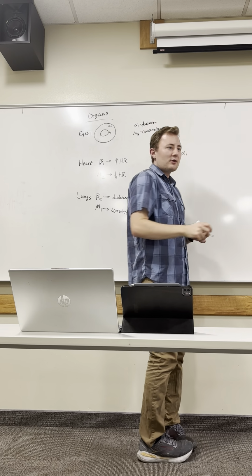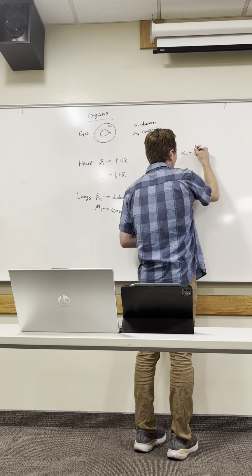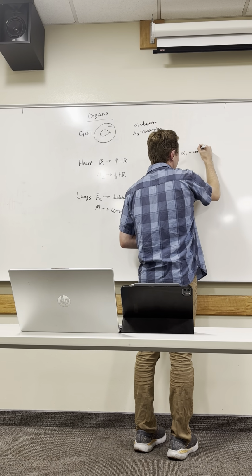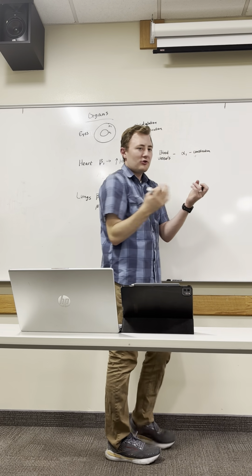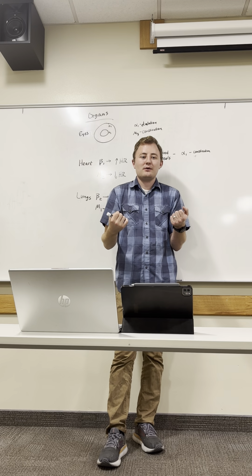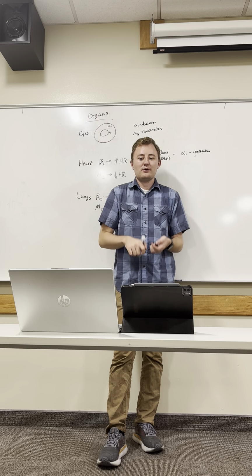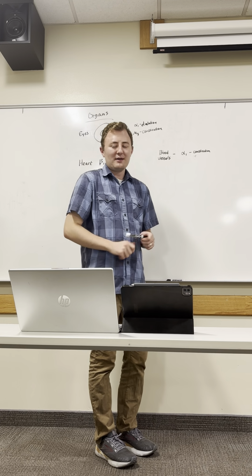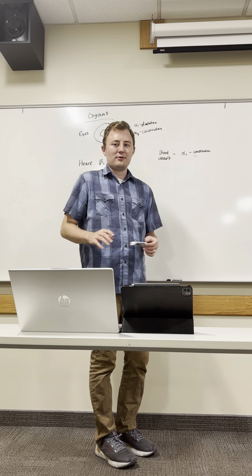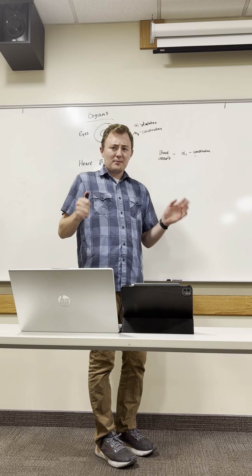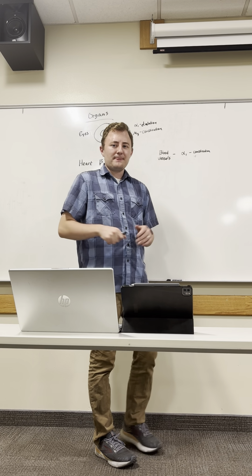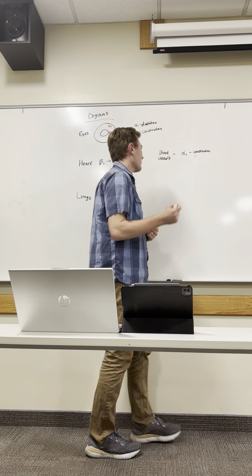Those alpha 1 receptors lead to a constriction of the blood vessel. So we're going to constrict those blood vessels, make them tighter so that we can increase blood pressure. That's a sympathetic nervous system response.